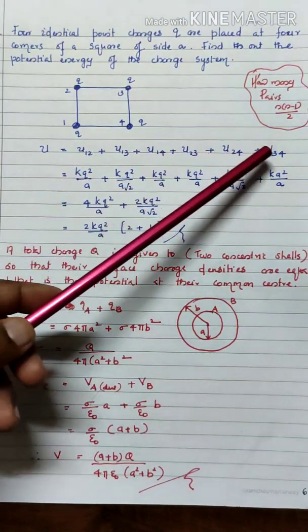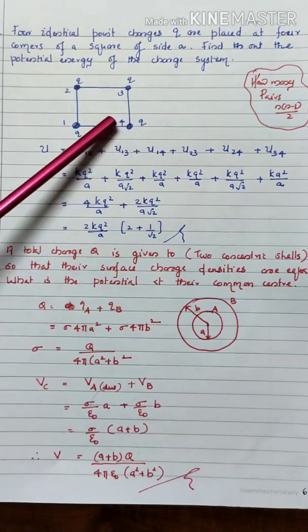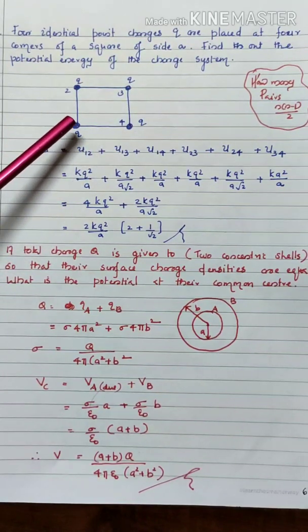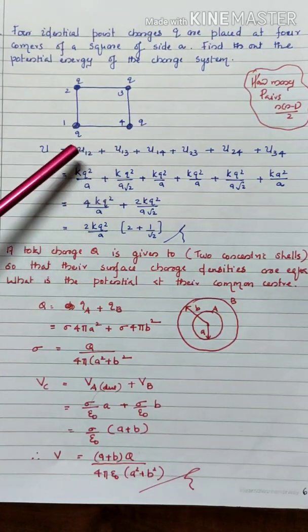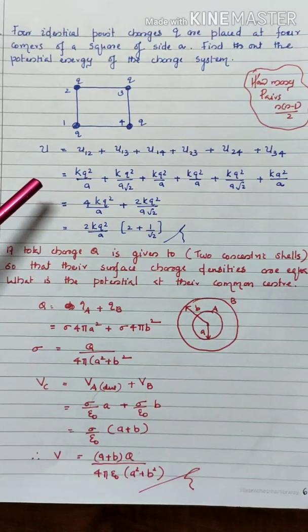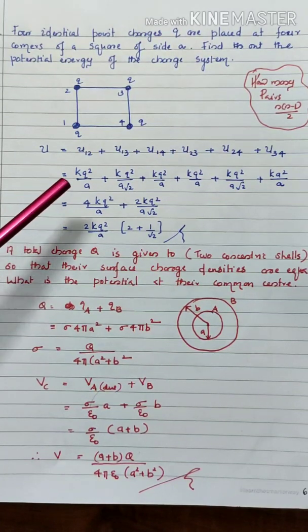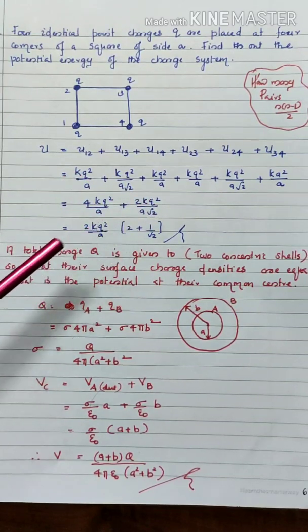So 6 contributions are there between 1 and 2, 2 and 3, 3 and 4, 4 and 1, and then between 1 and 3 and 4 and 2. So we can just find their contributions, the potential energy between two charges with separation r is K into Q1 Q2 divided by r. So you can find the value.